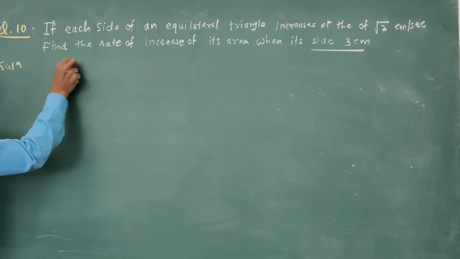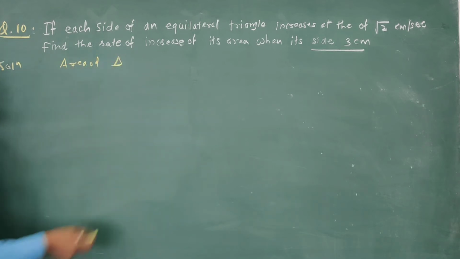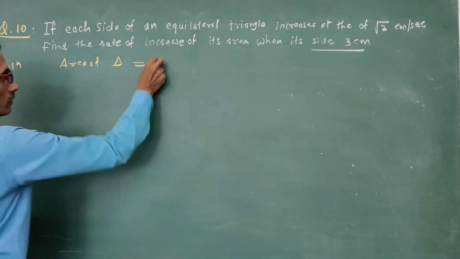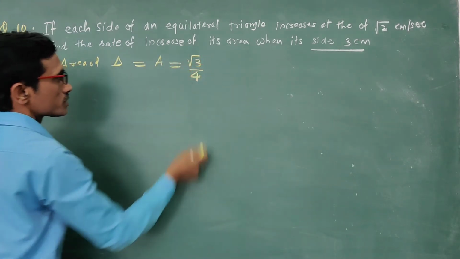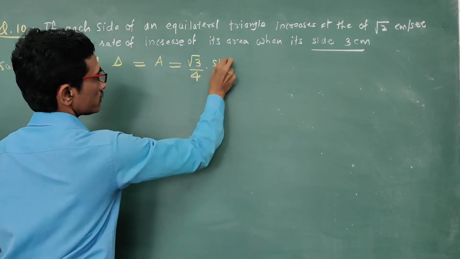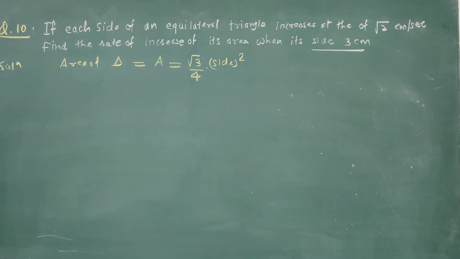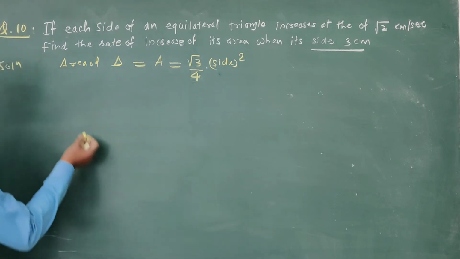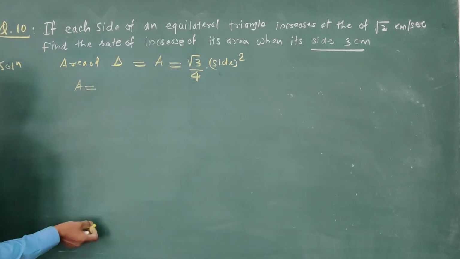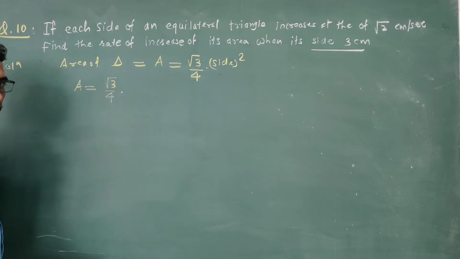The area A is equal to √3/4 into side square. Suppose we take the side of the equilateral triangle as x, then the area is equal to √3/4 into x square.